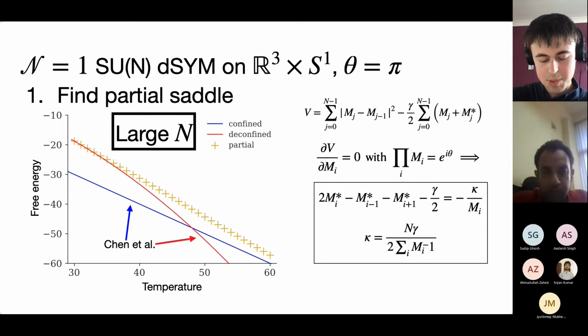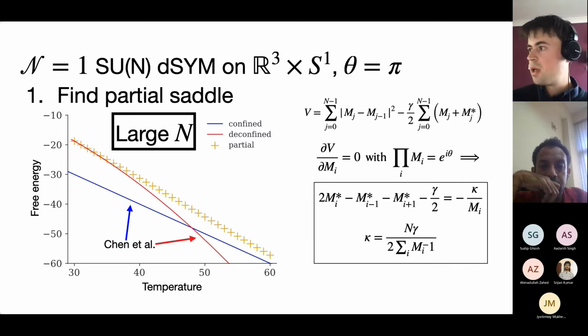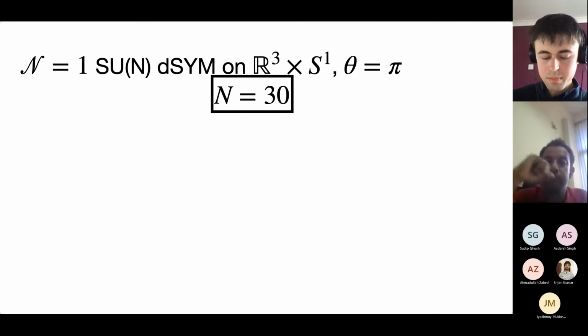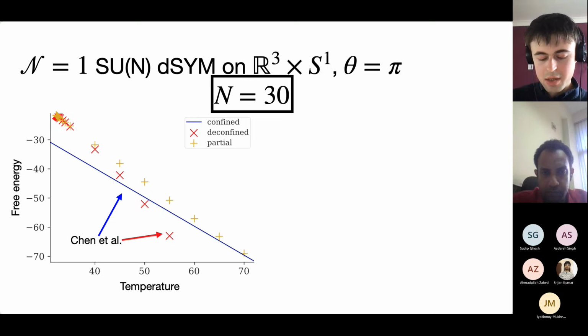It interpolates between the deconfined and the confined saddle, and you get this typical swallowtail pattern. This suggests that we find the correct saddle describing the partial phase. This was at large N, and we can do the same at finite N. This is for N equals 30. We again find a swallowtail solution.